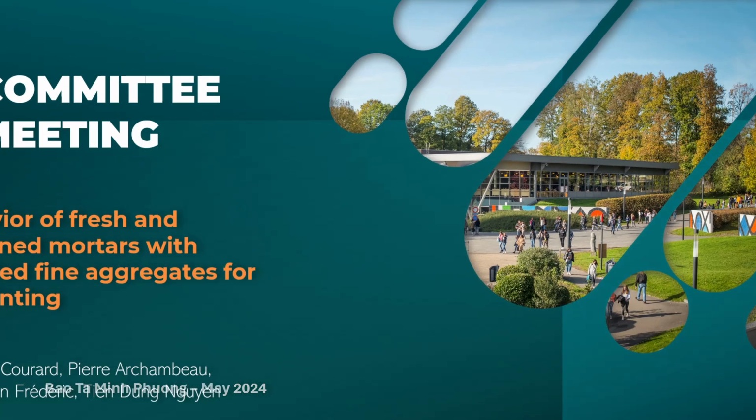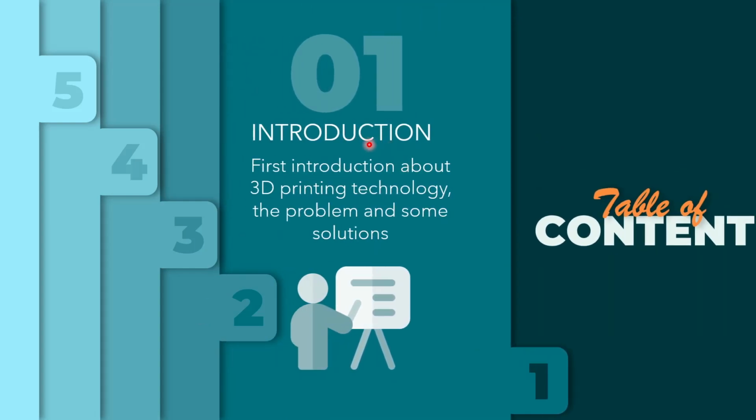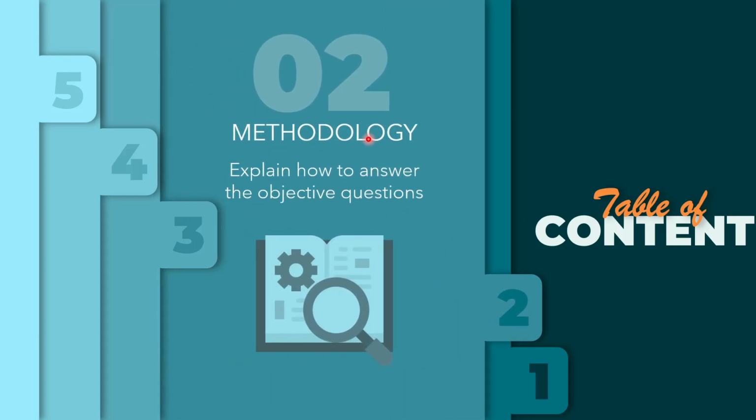Let's get started. In this presentation, I will have 5 parts. In the first part, I will explain the introduction: the first introduction about my work, 3D printing technologies, and some problems and solutions I want to talk about. Second, the methodologies that I will use in my research.